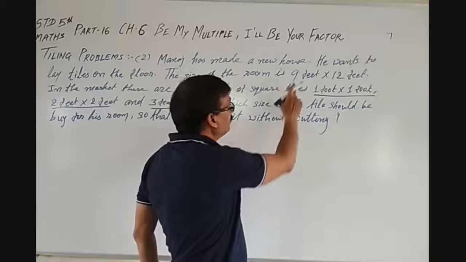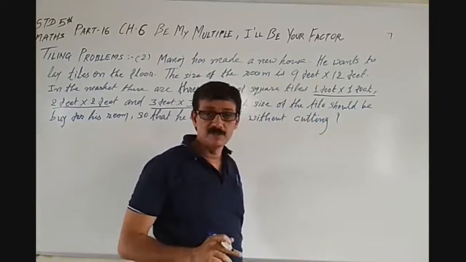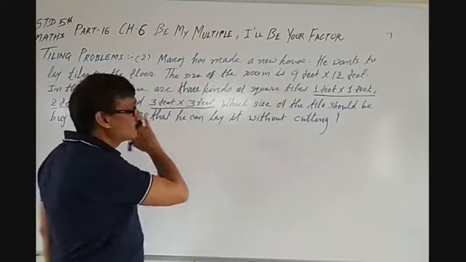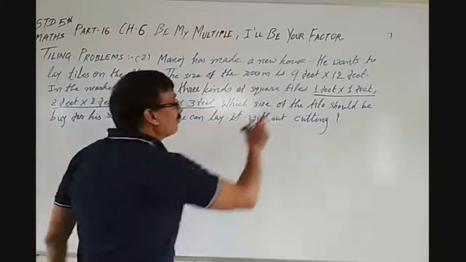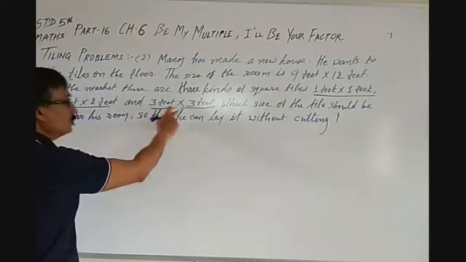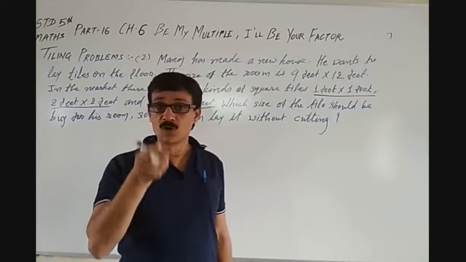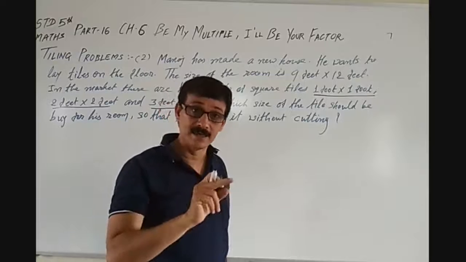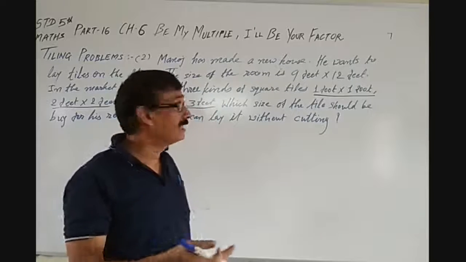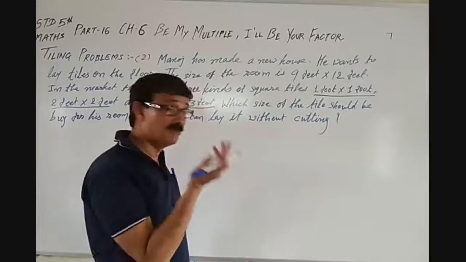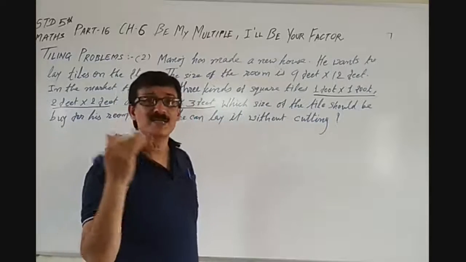The size of the room is 9 feet by 12 feet, and the size of the square tiles available in the market are 1 by 1, 2 by 2, 3 by 3. But 2 is not a multiple of 9. That is why we should not buy the tiles 2 by 2. 1 by 1 and 3 by 3 will do. Okay. So like that we should answer.